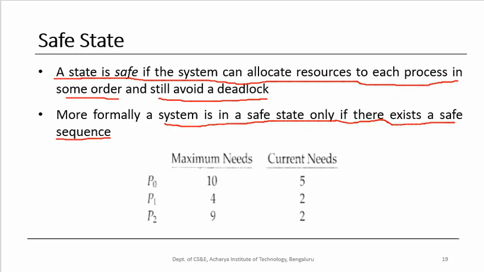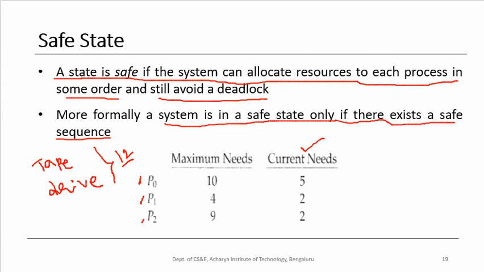Let us assume that we have some resource type. Let's take tape drive, or whatever you want, say hard disk. Let's assume that we have 12 tape drives connected to the system. This table indicates that there are three processes running concurrently.